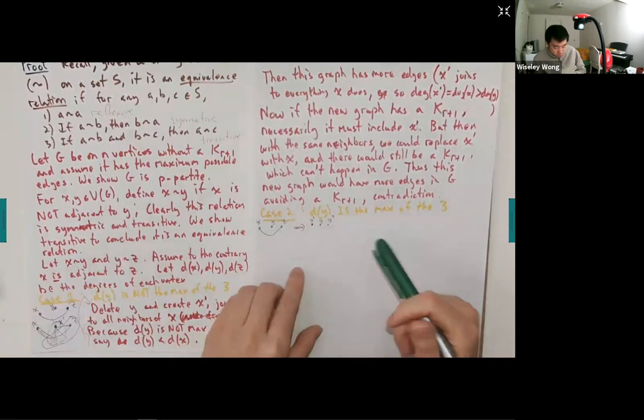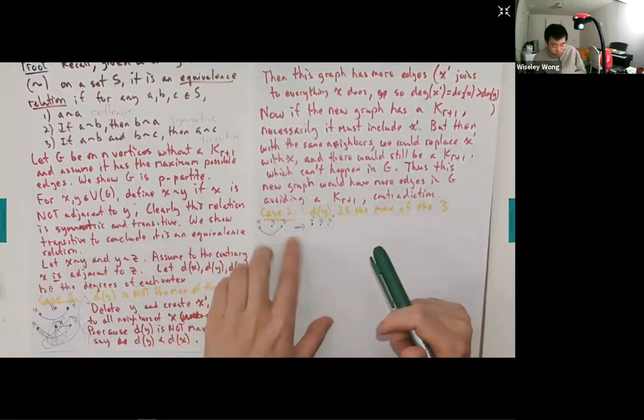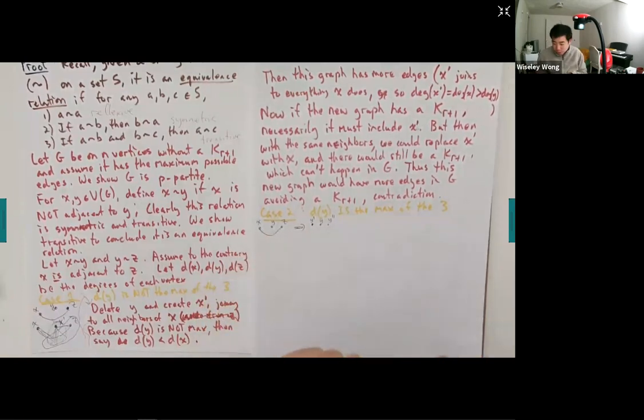So this is going to be sort of strange, in that we're going to get rid of x and z and replace them with two other vertices.